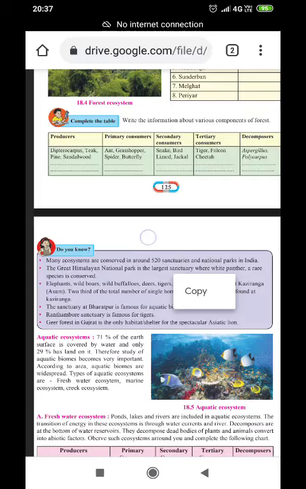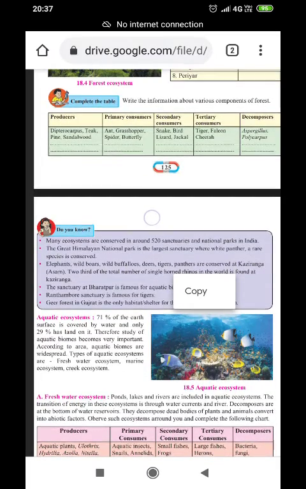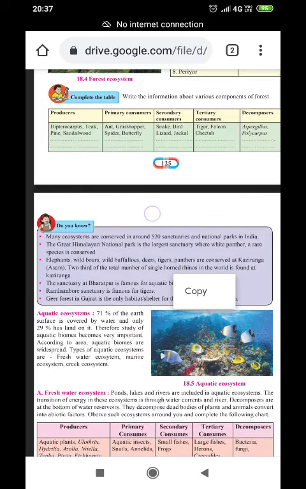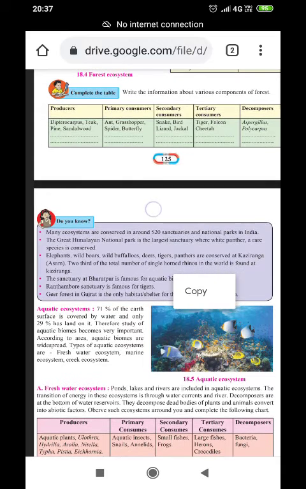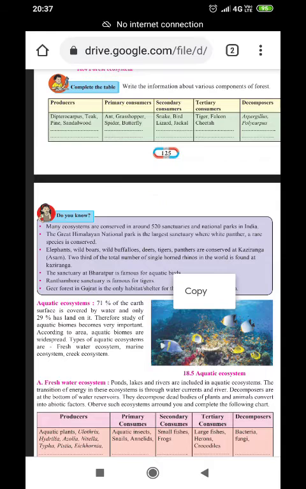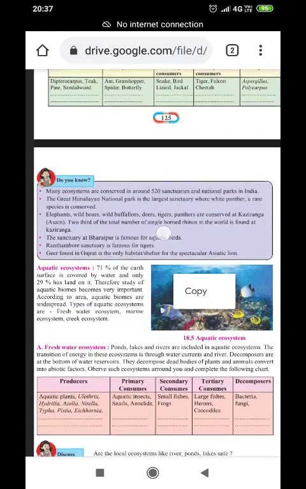Here, a few examples are given in this table. You can go through it. Here, dipterocarpus, teak, pine, sandalwood. Then primary consumers: ant, grasshopper, spider, butterfly. Then secondary consumers like snake, bird, lizard, jackal, and tertiary consumers like tiger, falcon, cheetah, and decomposers like aspergillus and polyporus. Many others are there that you can find out and write on your own.